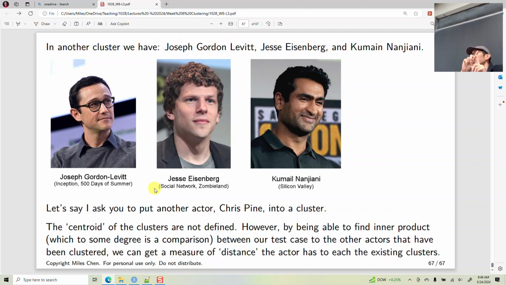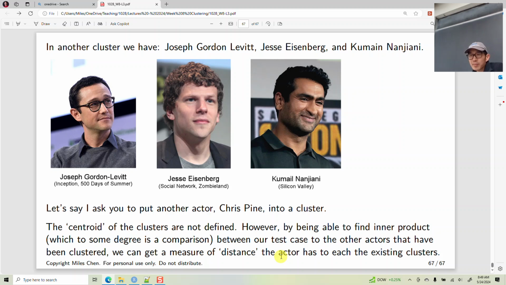So you measure the distance between your new case and every other point without actually calculating what the centroid is. Because the centroid, as far as something like people, is kind of this weird concept that doesn't quite exist. You might have some measure of similarity, and I don't know how you would do that in the first place.